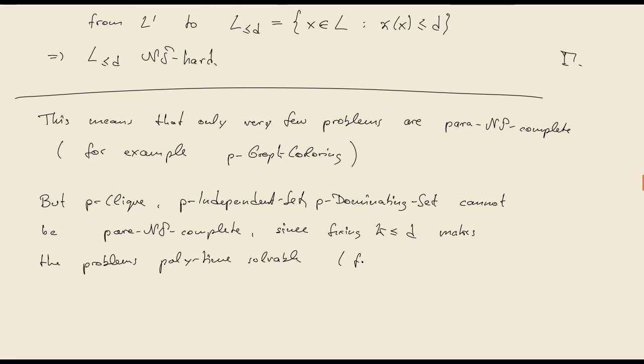So again, just take the simple brute force method. Take the clique problem. If you fix k, then it's an n to the k algorithm, essentially n to the k times some polynomial in n to solve the clique problem. But if k is fixed by some constant, then this is just a polynomial. So these problems can all not be para-NP complete.